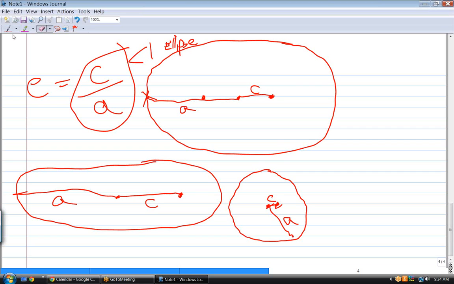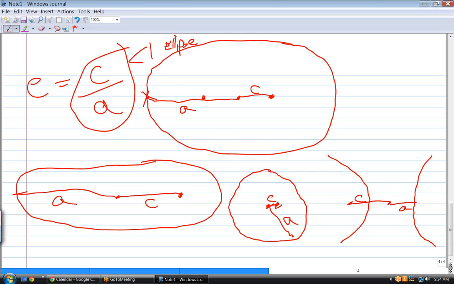So for a hyperbola, c is always bigger than a because this distance is a.